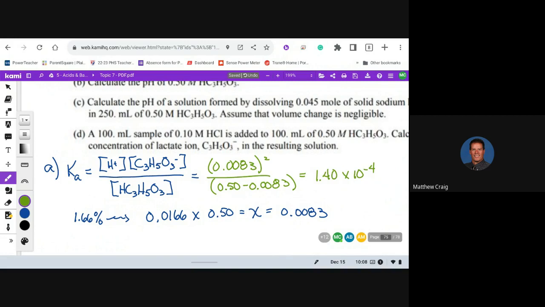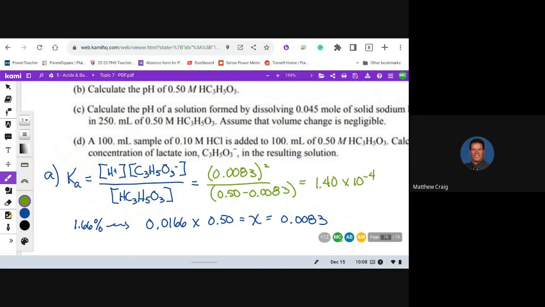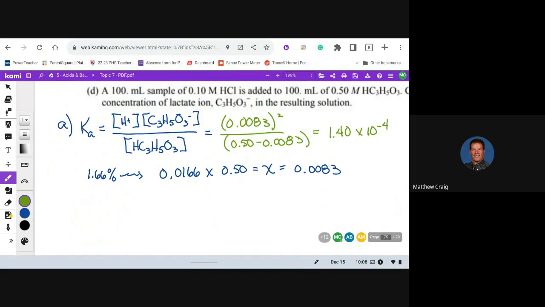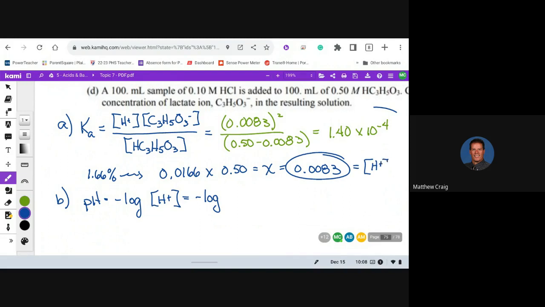Okay. All right. Part B says calculate the pH. So once we have our Ka value, we don't use it. Some of you like taking the last thing that's in your calculator and plugging it in. That would be bad. So let's plug in this value, since that equals our hydrogen concentration.